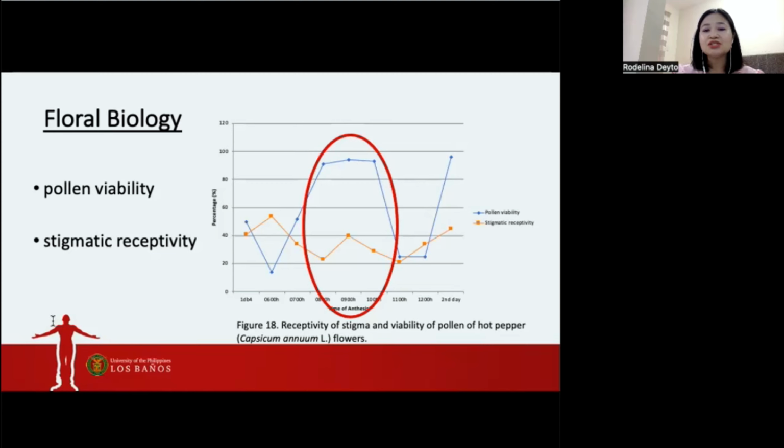The stigmas are receptive for outside pollen for at least a short time before their own pollen is available. So this is a strategy to promote outcrossing so that other pollen, viable pollen from different flowers of the same species can land on the receptive stigma.